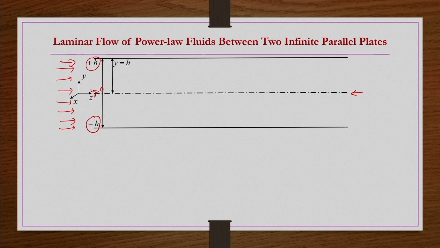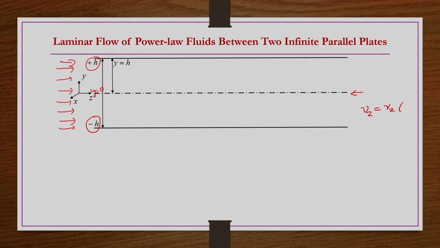Now we have to list out the assumptions. Before seeing the assumptions, if it is a laminar one-dimensional flow, the flow is dominated in the z direction. So, we are going to have only the Vz velocity, and that flow is confined between y equals minus h and y equals plus h.